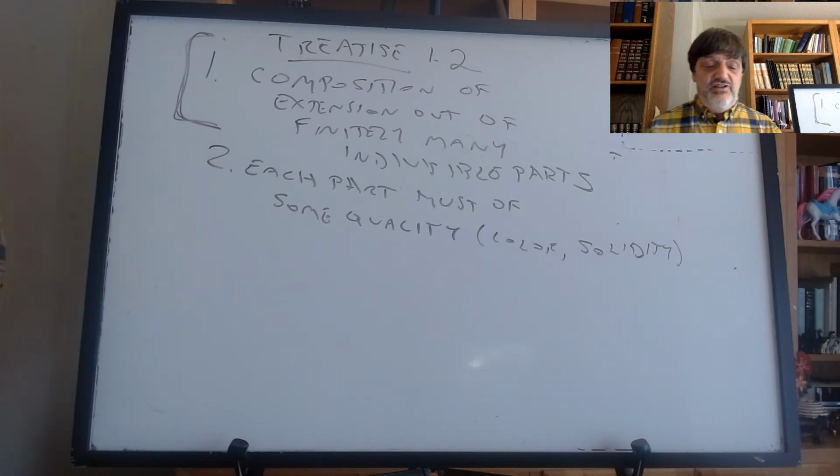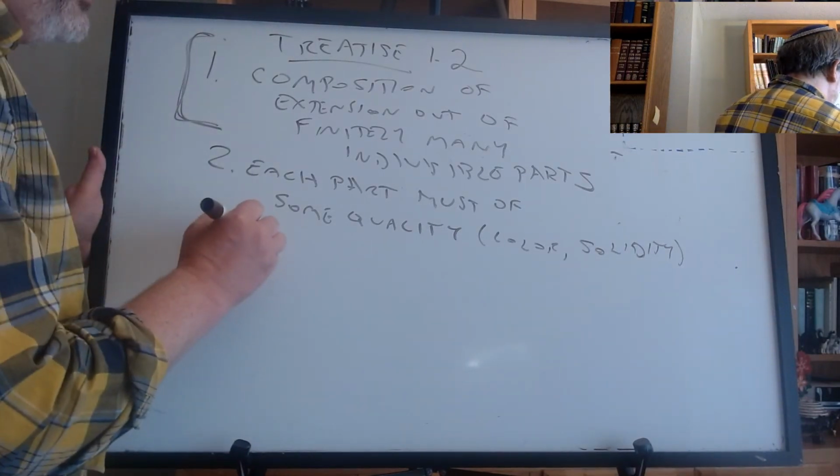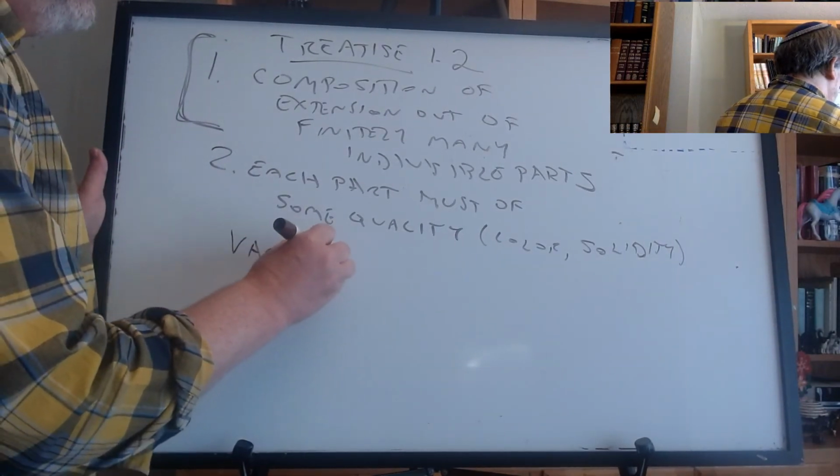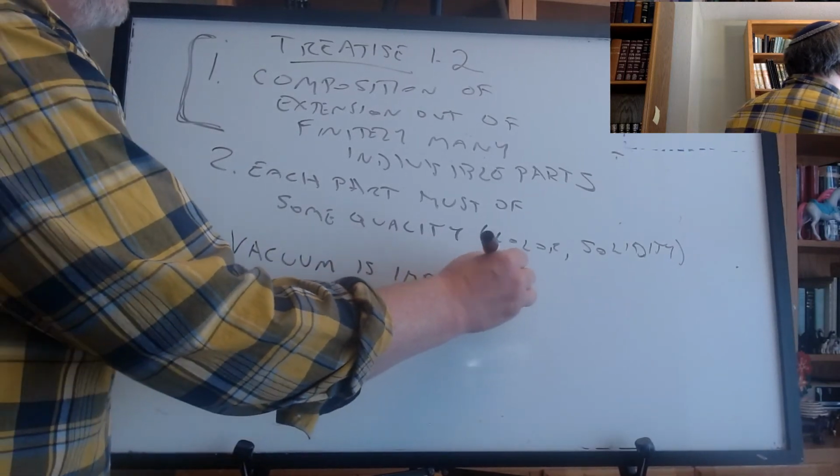So every extension is everywhere colored or everywhere solid, depending whether it's visible or tangible. And therefore, it follows, as Hume says, that a vacuum is impossible.